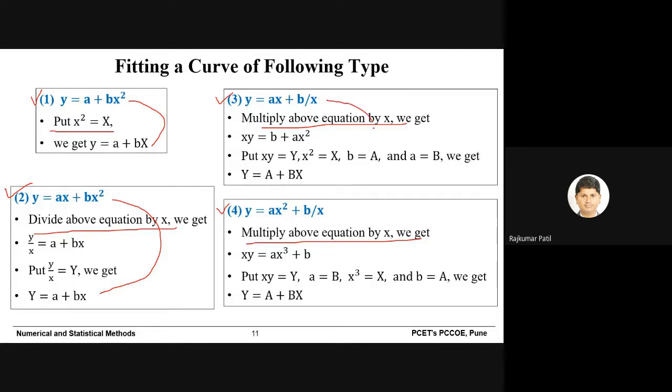In the examination, such types of questions may sometimes be asked, or even in many practical examples you may come across such equations. What you need to do is convert those equations into a straight line in order to solve those problems easily. That's why we call this a special type of curves that can be converted into a straight line.